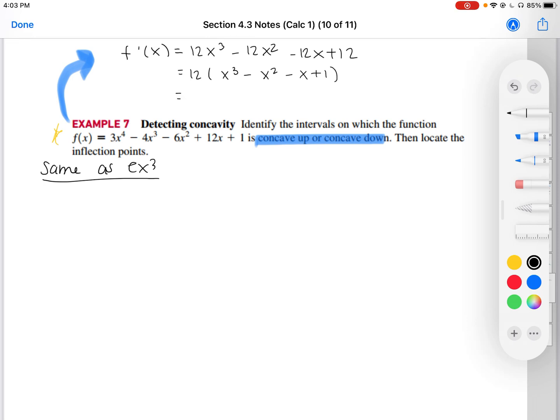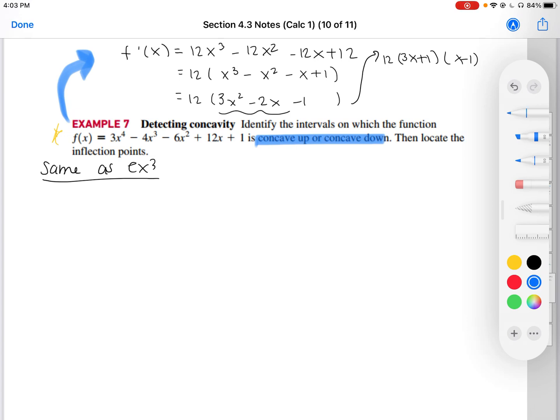Let's take our derivative, so that we have 3x squared minus 2x minus 1. And we can factor that trinomial so that we have 12 times x plus 1, 3x plus 1, and x minus 1. So that's our second derivative.